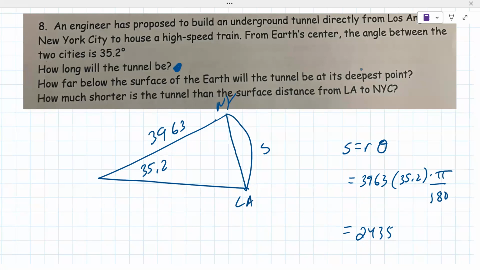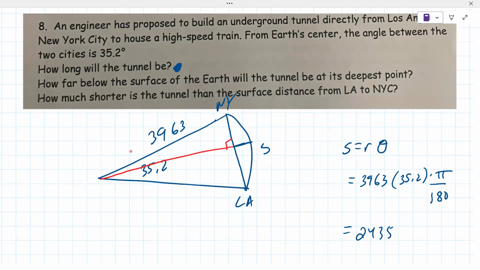So that's like drawing this right here and then figuring out this little H. The way to do it is to recognize that the whole length in red here is the radius, but you just need to find this right here.